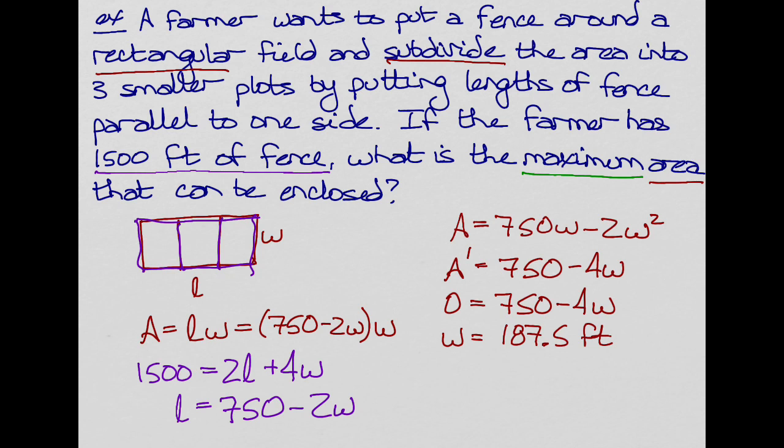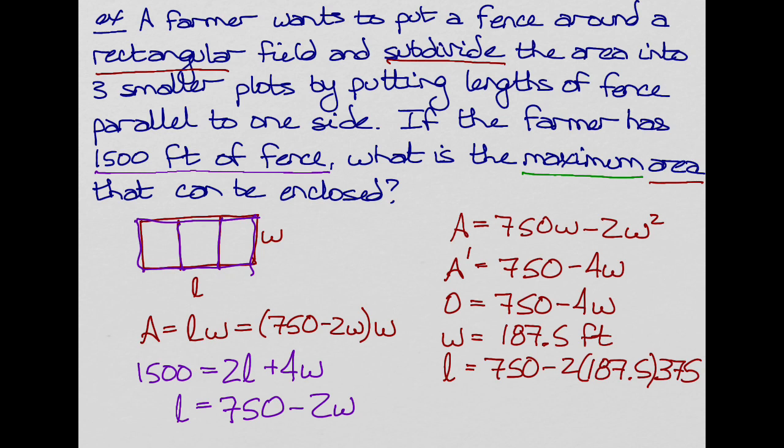So the width W is 187.5, which means the length is 750 minus 2 times that, which is 375.